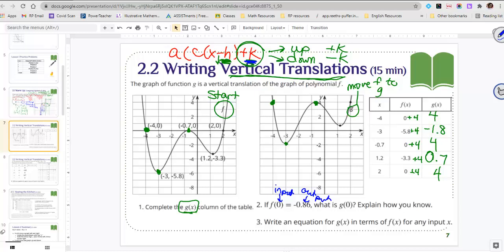Our new function g at that same input value will have an output just 4 units higher. So we just need to take that negative 0.86 and add 4 to it.